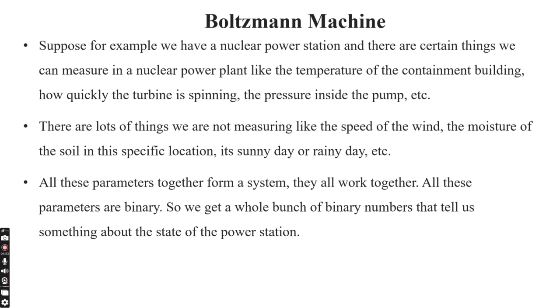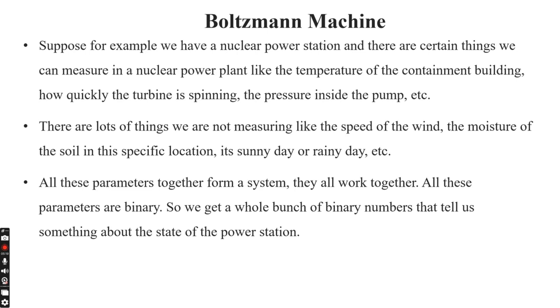We can monitor these. There are a lot of things we are not measuring, like the speed of wind, moisture of the soil, whether the day is sunny or rainy. All these parameters together form a system. It's a complex pattern, but a complex pattern working together to form a system.